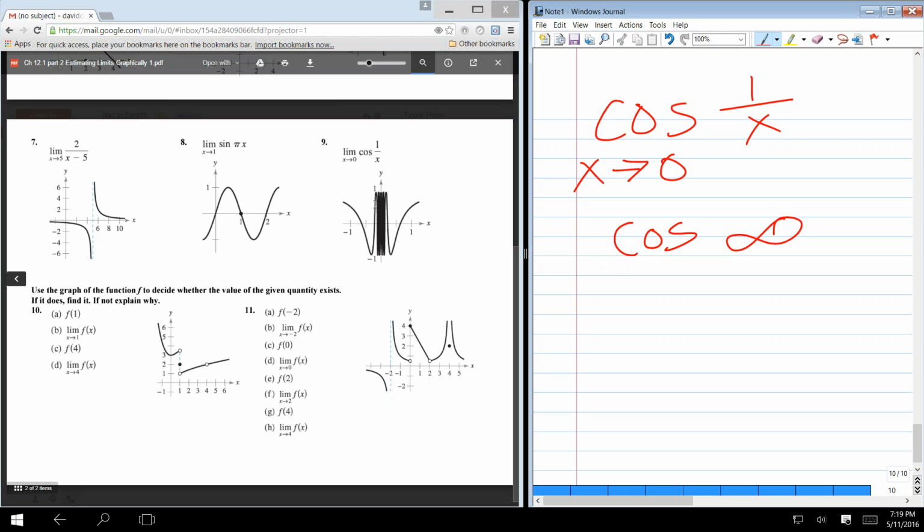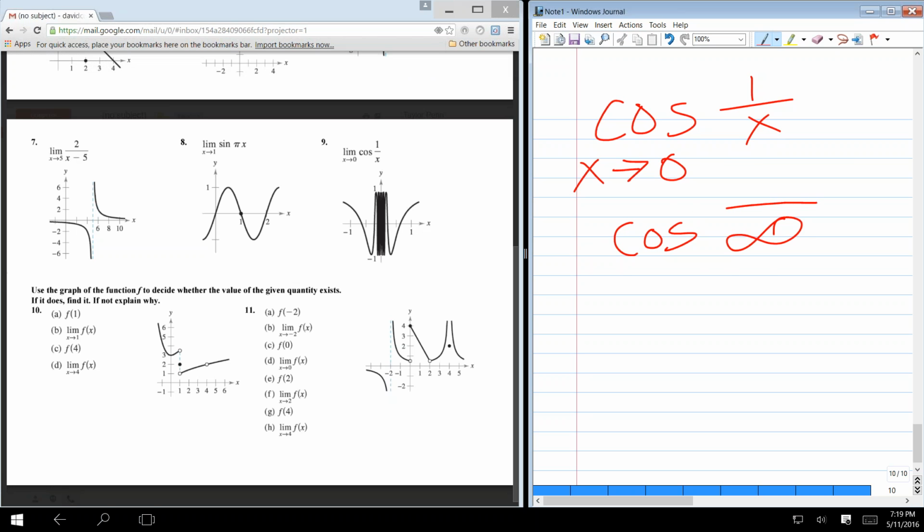The cosine is going up and down so fast, fluctuating so fast between -1 and 1 that there is no limit as we hit 0, because there's no limit to the cosine of infinity or the sine of infinity. An oscillating function that just keeps going back and forth between two numbers doesn't have a limit.